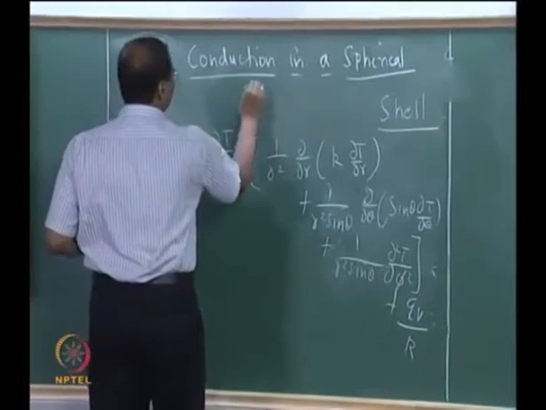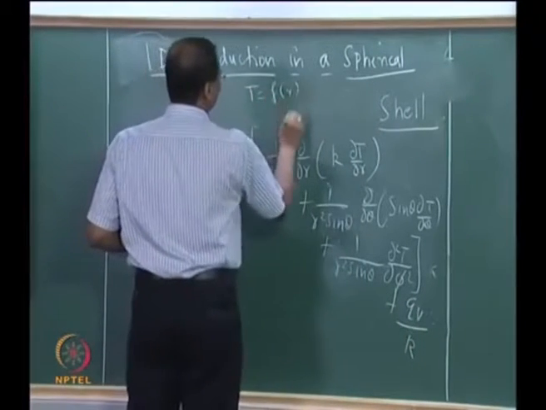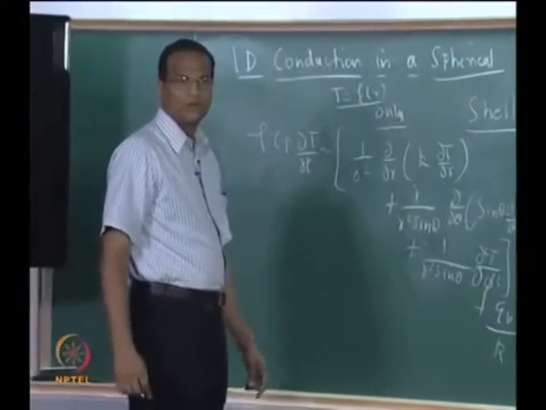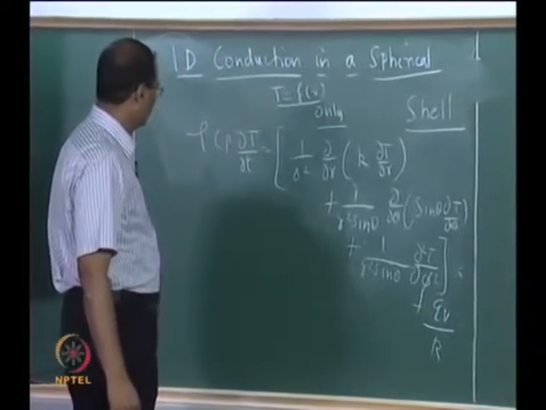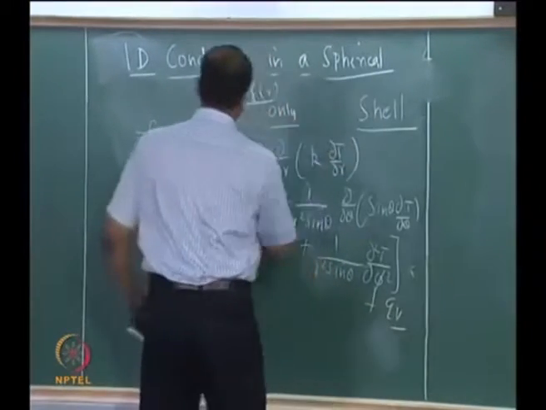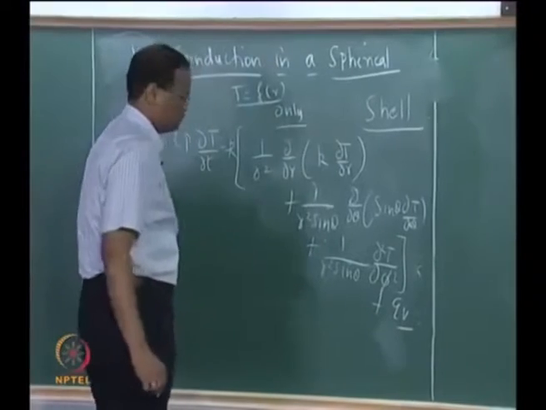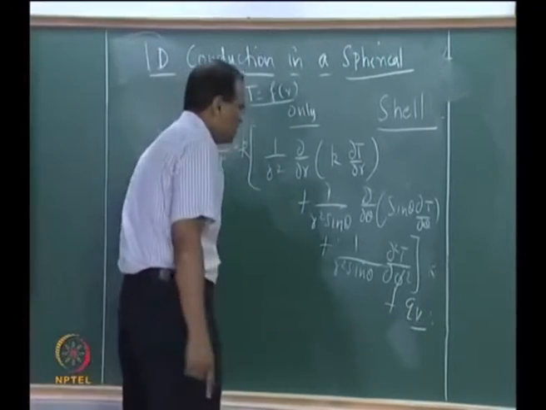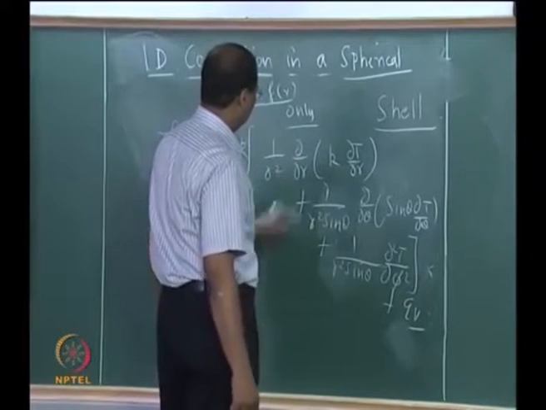So T is a function of r only. We will put a k here. Oh, I have a k there, is it? Then we will take this off.